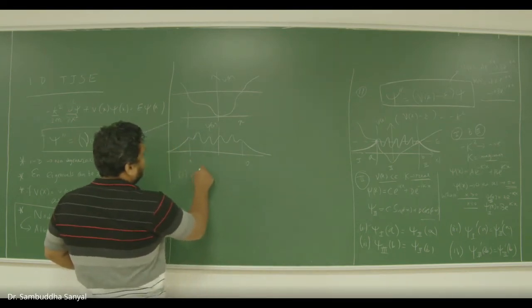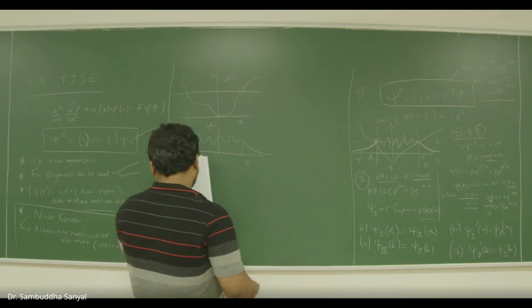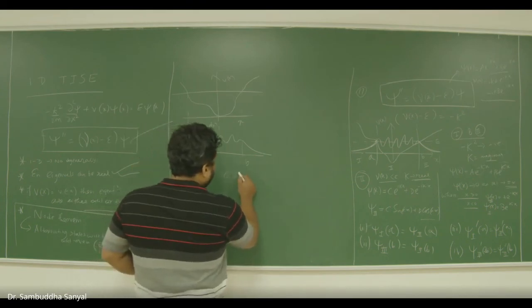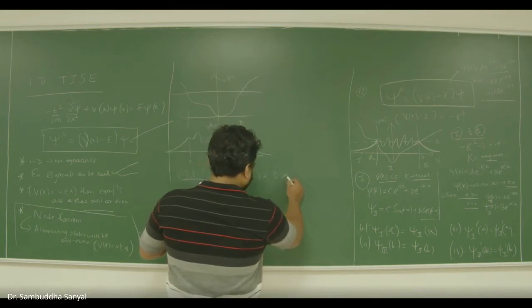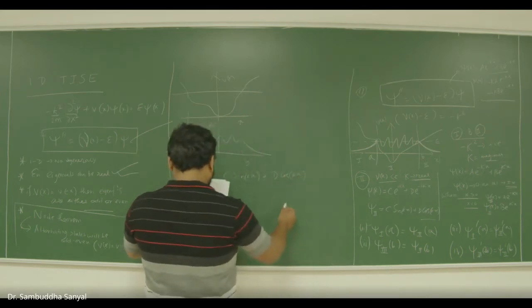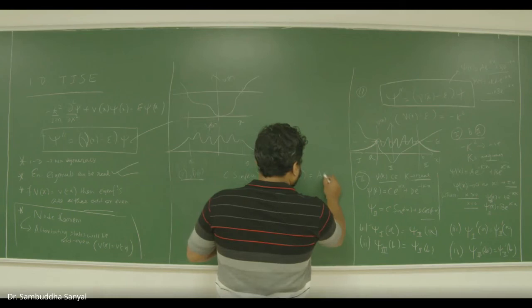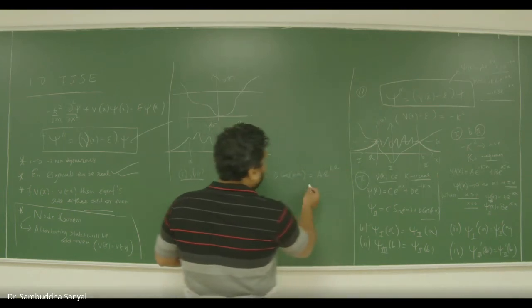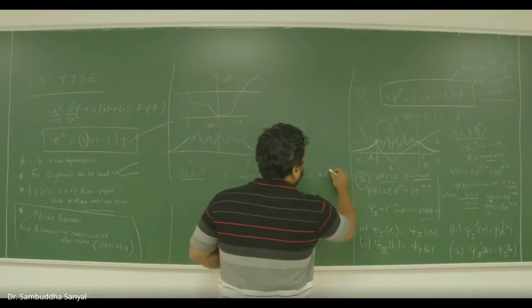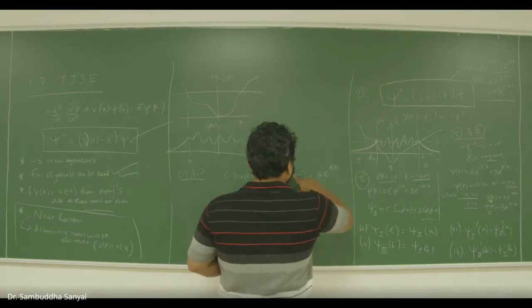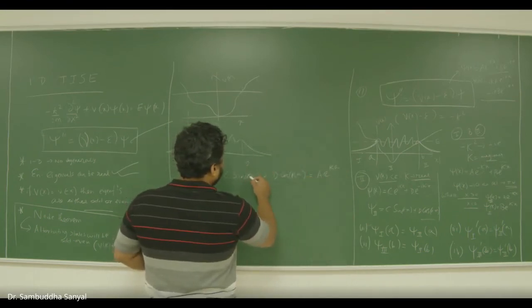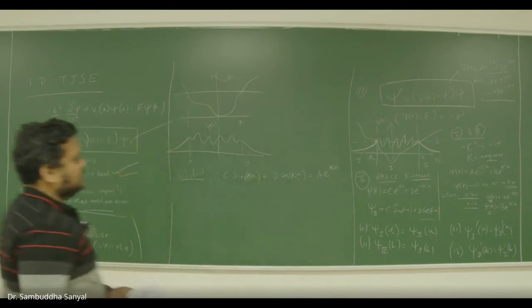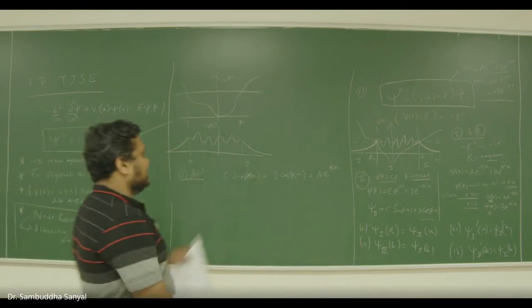So you will get that C sine Ka plus D cos Ka is equal to A e to the power kappa a. It's not K actually, it's kappa. I keep forgetting, because K we use for momentum, and it's not always easy to remember to write kappa and say kappa. So in case I say K, I mean kappa.